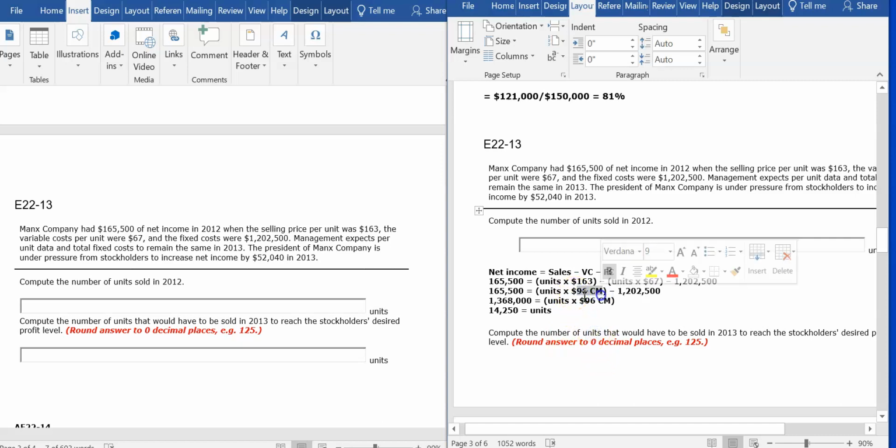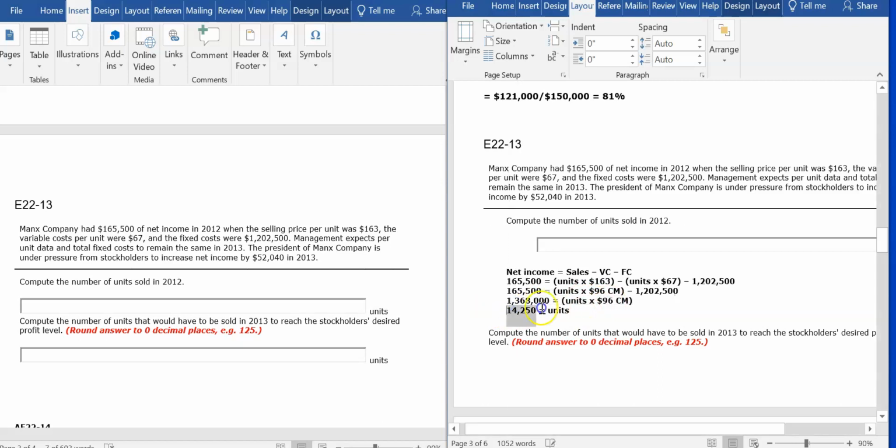The contribution margin times the number of units sold minus the fixed cost gives us net income. Algebraically, we just start solving for the unknown amount. Add $1,202,500 to each side, and then divide both sides by 96. 14,250 units must have been sold in 2012. That's the only way we would have ended up with net income of $165,500.